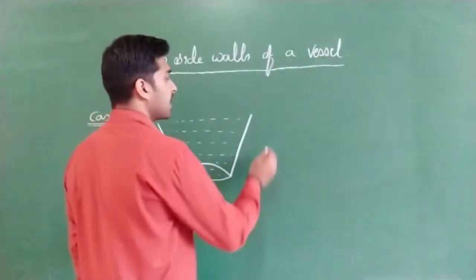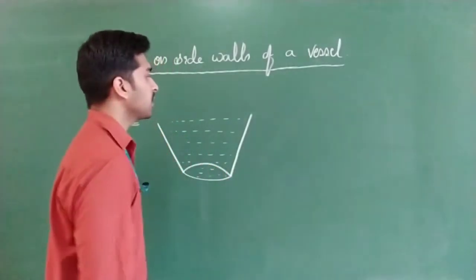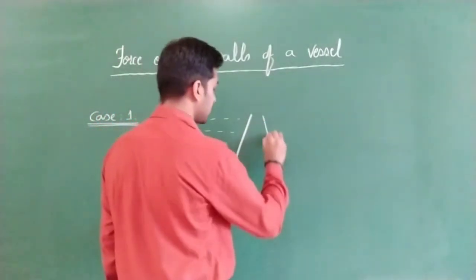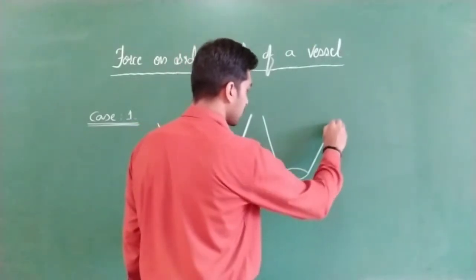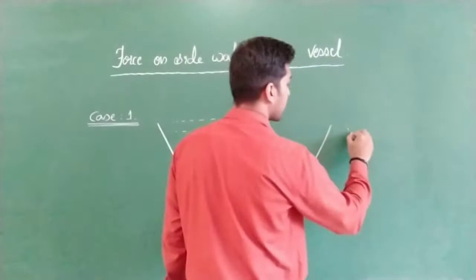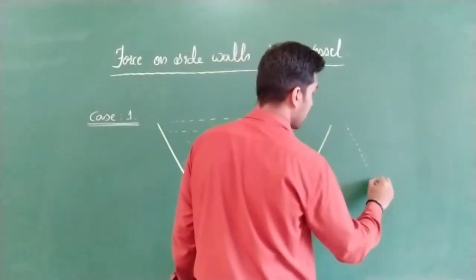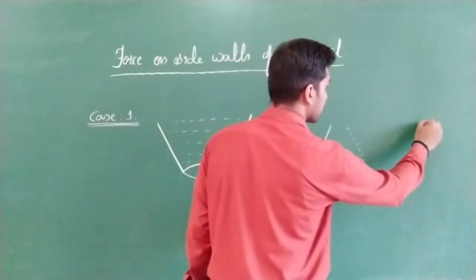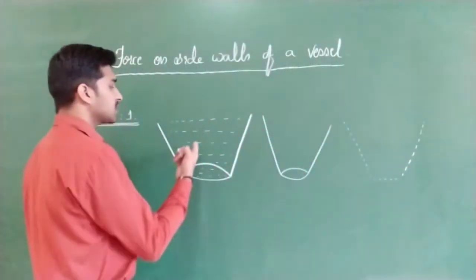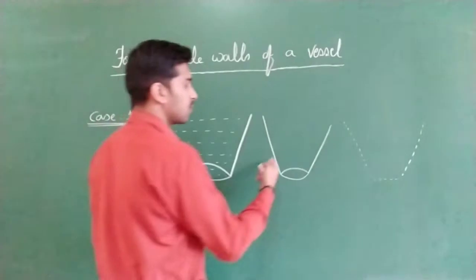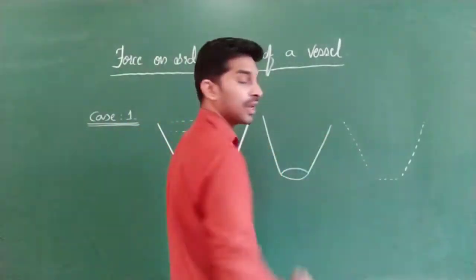And here two more diagrams I will be drawing. In one diagram, we will just see how the forces are applied on only the vessel, and in one more diagram, how the forces are applied only on the liquid. This is a vessel consisting of liquid. This is only vessel, this is only liquid.